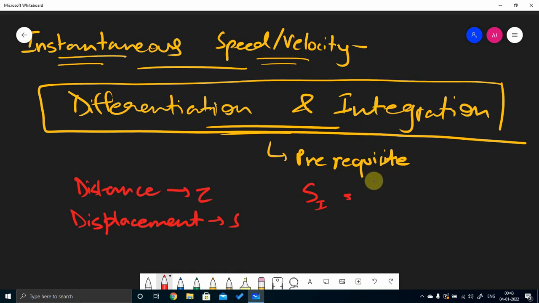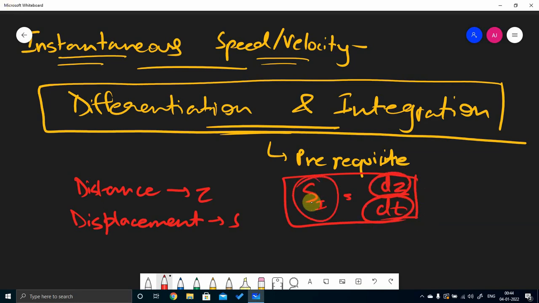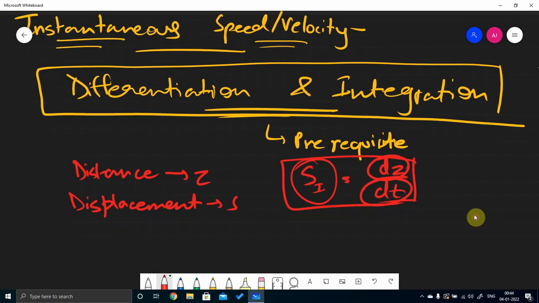So when we talk about instantaneous speed, it is basically the differentiation of the distance with respect to time, right? When you differentiate distance with respect to time, then you get the instantaneous speed at that particular point.